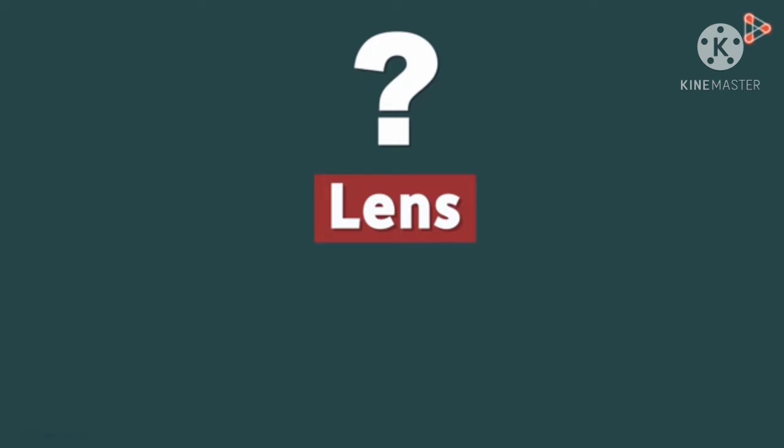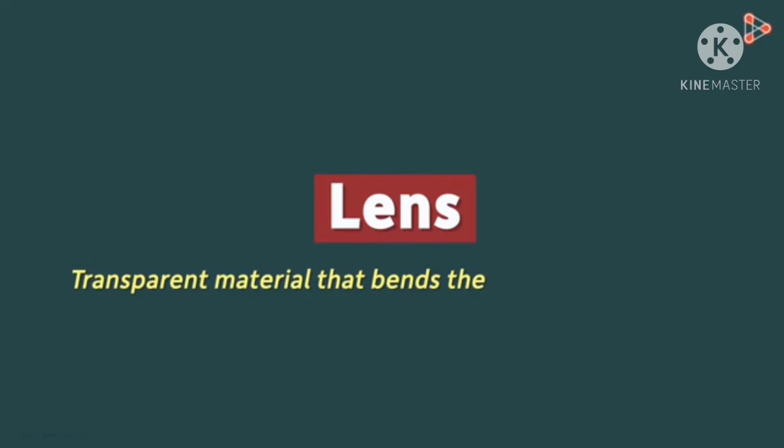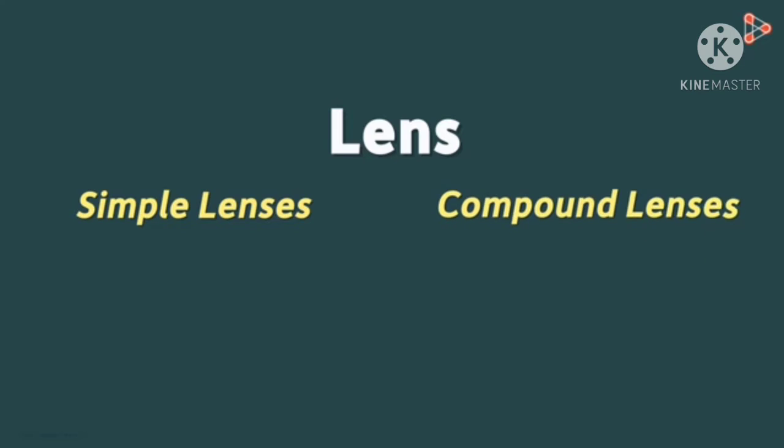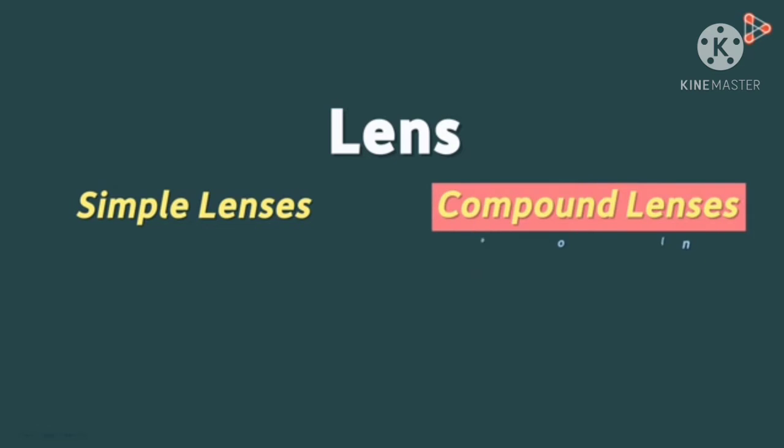Generally, what type of lens do we use, and how many types of lens are there? We will see. A lens is made of transparent material, so whenever light passes through a transparent material, light bends.